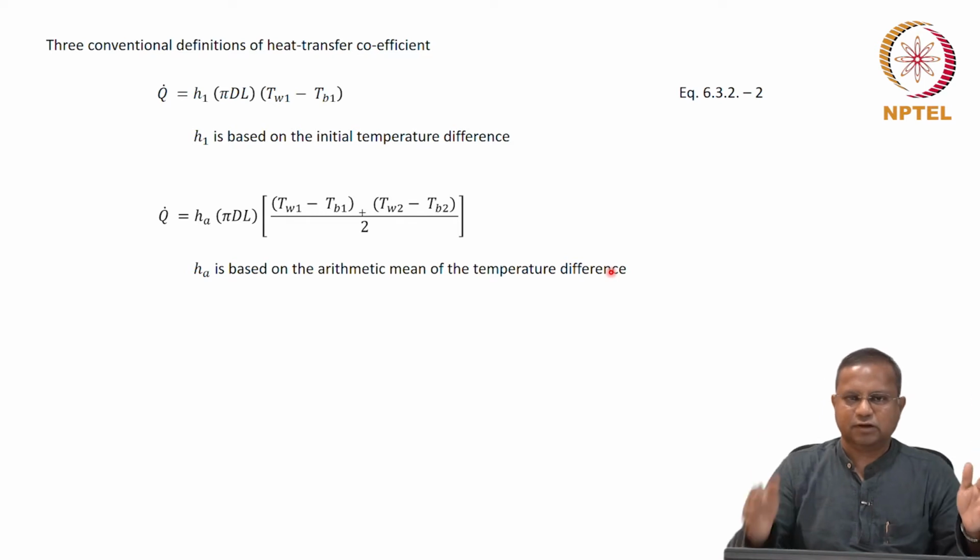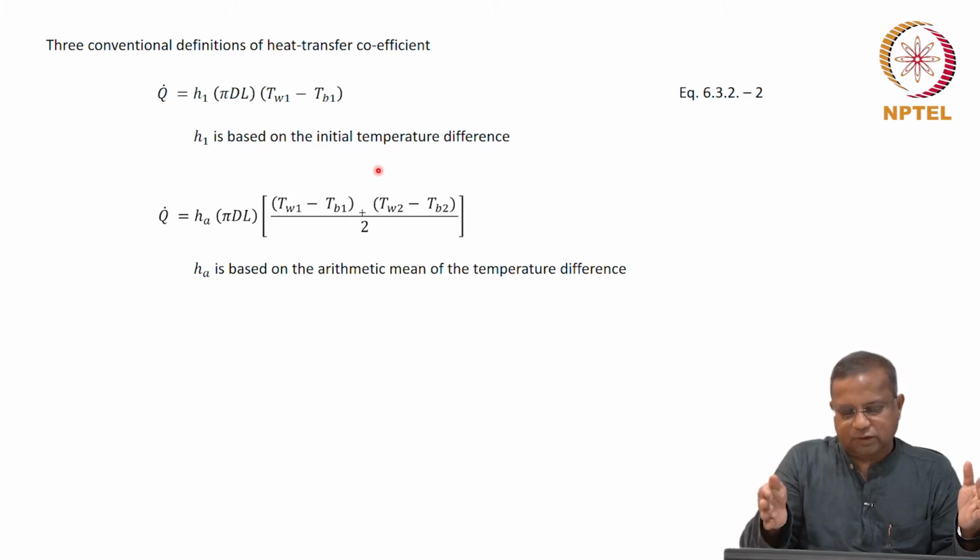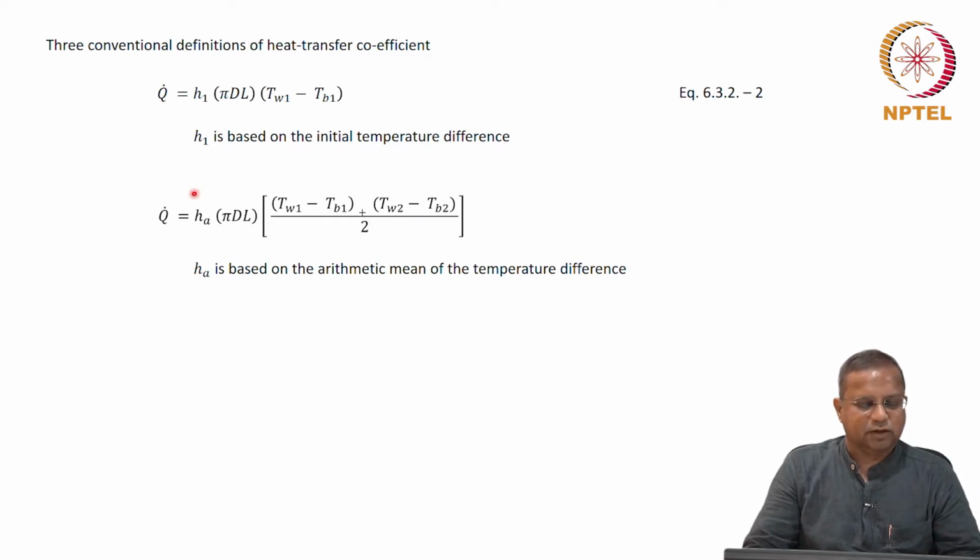The temperature difference here is TW1 minus TB1. The temperature difference here is TW2 minus TB2. You take the average, you take the mean. And this HA is of course going to be different from H1 because it is based on a different way of looking at temperature differences. This is equation 6.3.2-3.